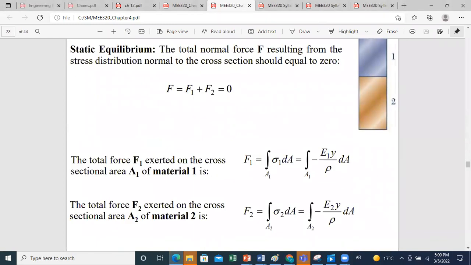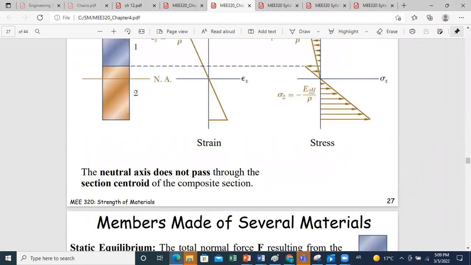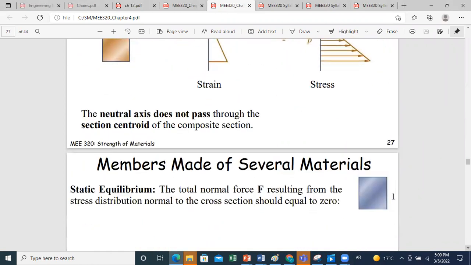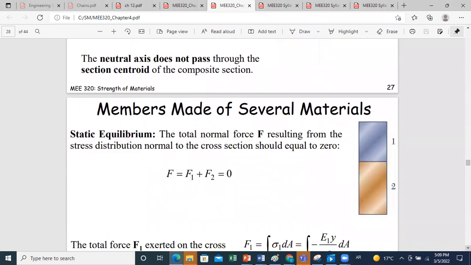Let us find the neutral axis by going back to the physics of the problem. First, in static equilibrium conditions in pure bending, we know that the total normal force resulting from the stress distribution that is normal to the cross section should be equal to 0, because we are in the case of a pure bending problem, so no net normal force, and we have just a stress distribution that will create the bending moment.